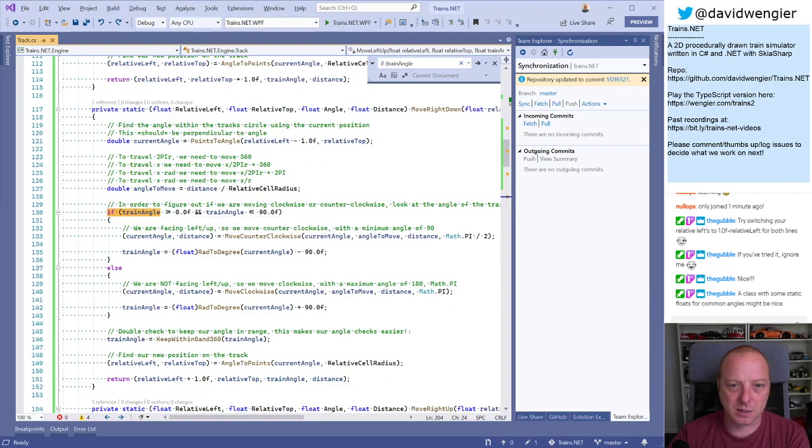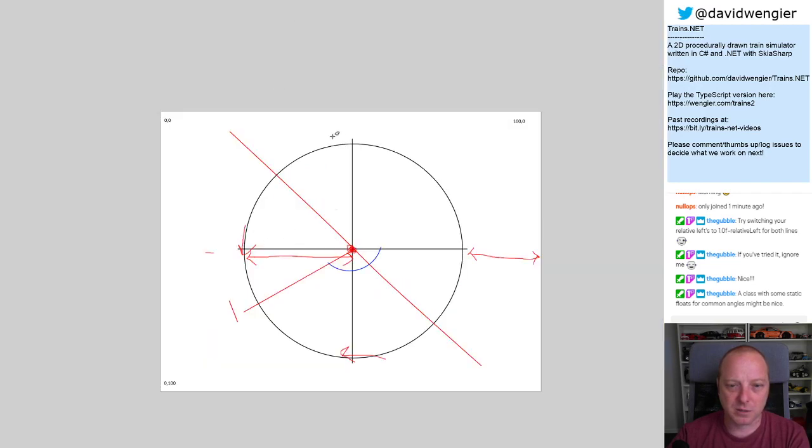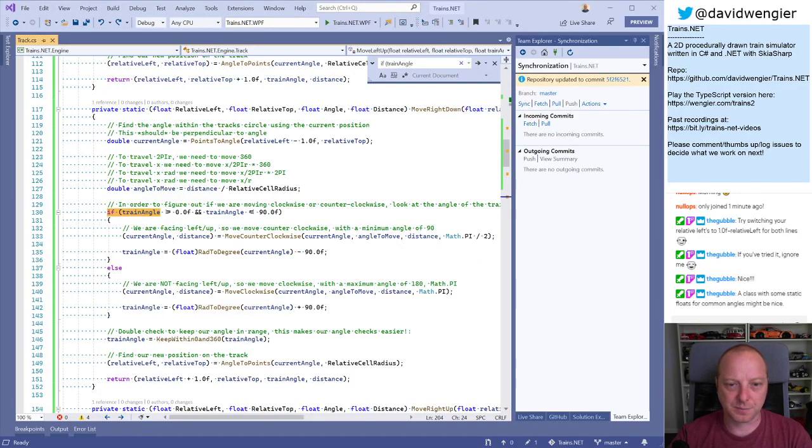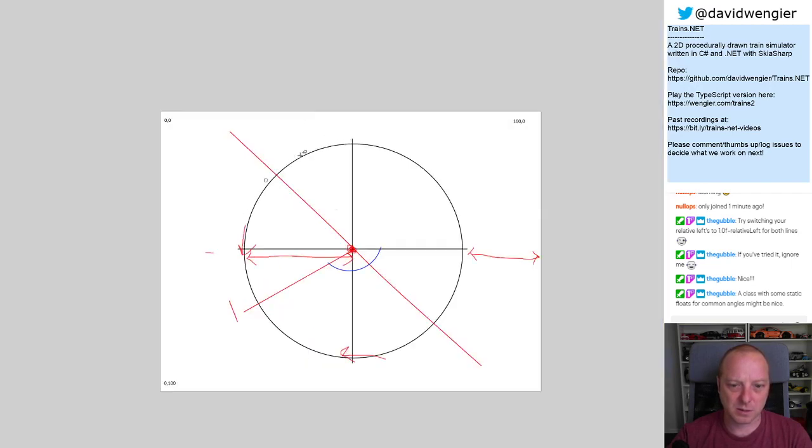Okay, so right down, which is this one. So now both left and top are in negative direction. So we need to minus off one here and add it back on here. Ignore this. This is wrong. So when we're moving counterclockwise, our train is coming in at 180, ending up at 90.